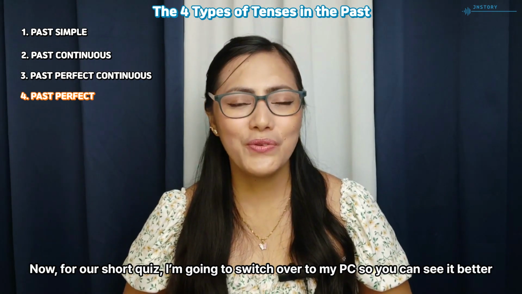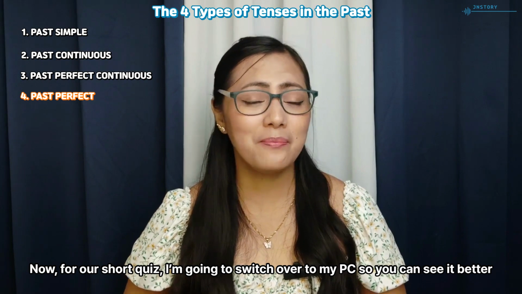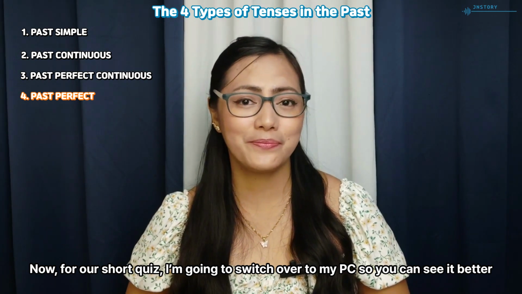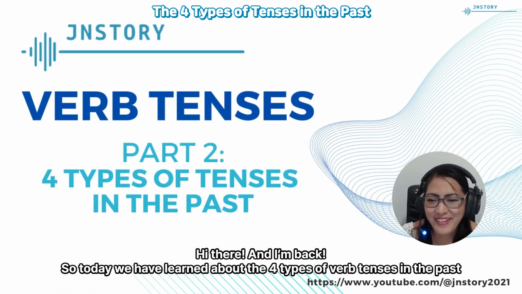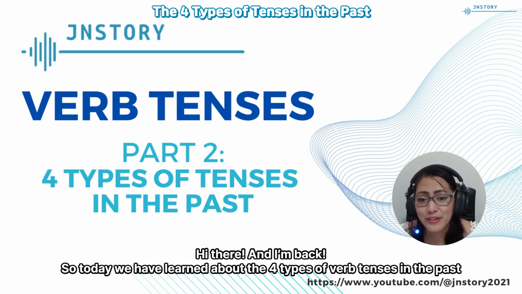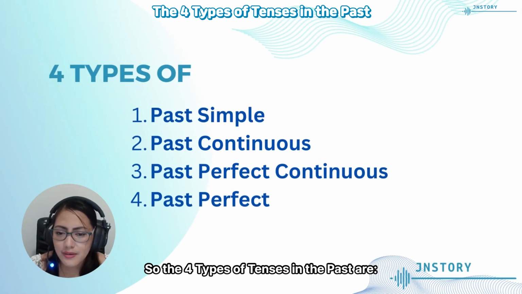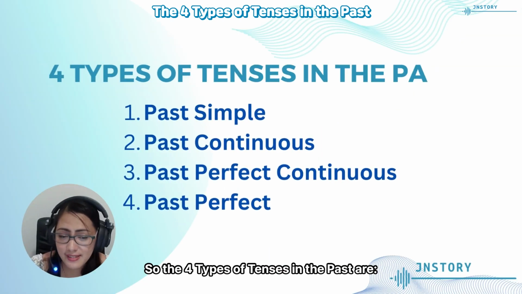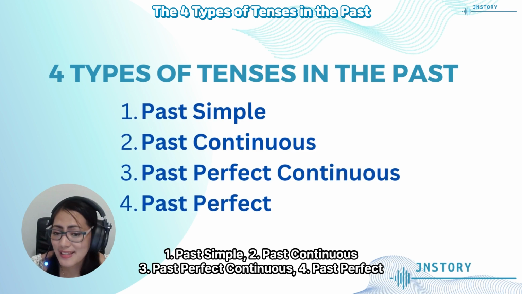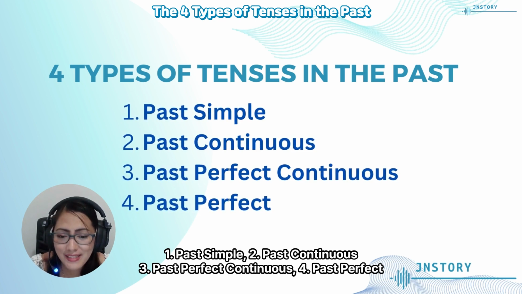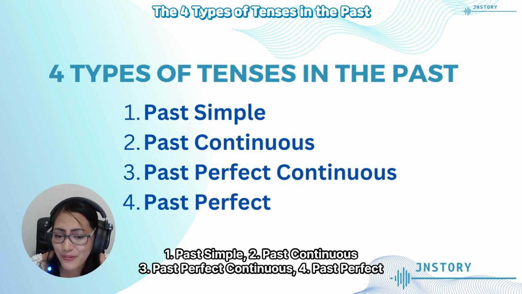Now for our short quiz, I'm going to switch over to my PC so you can see it better. Hi there, and I'm back. So today we have learned about the four types of verb tenses in the past. So the four types of tenses in the past are number 1, past simple, number 2, past continuous, number 3, past perfect continuous, and number 4, past perfect.